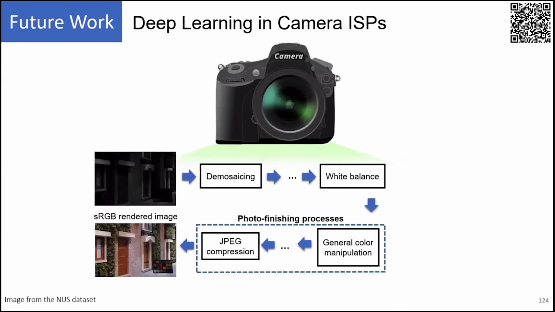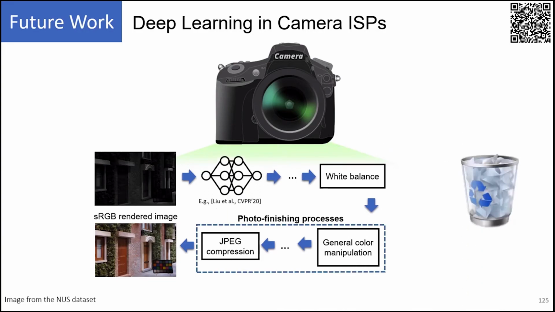So future work should include something related to deep learning in camera ISP. In the recent 5 or 6 years, people started to discuss deep learning methods that target particular tasks in the camera ISP. For example, you can see work that proposed to replace the classical image processing or computer vision methods used for image demosaicing with a DNN.